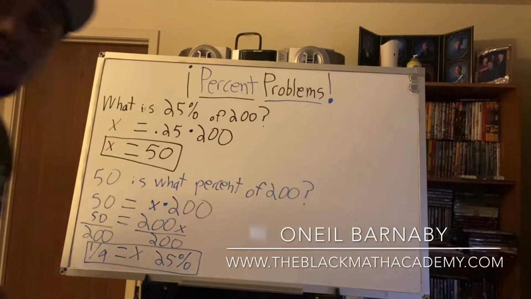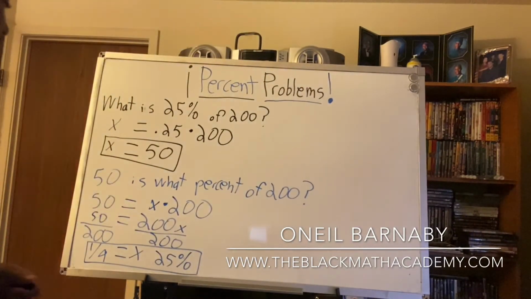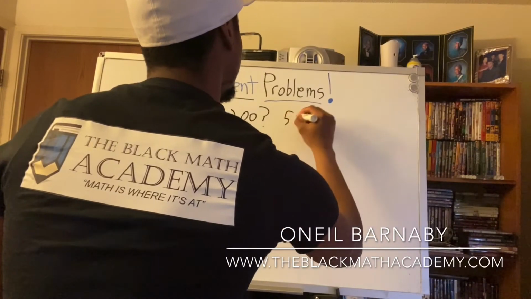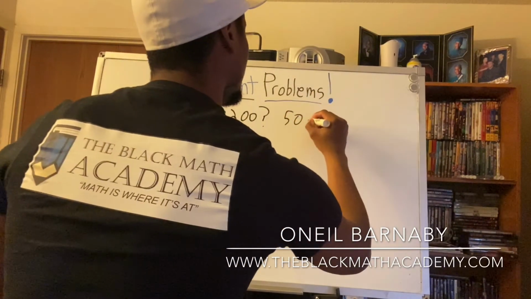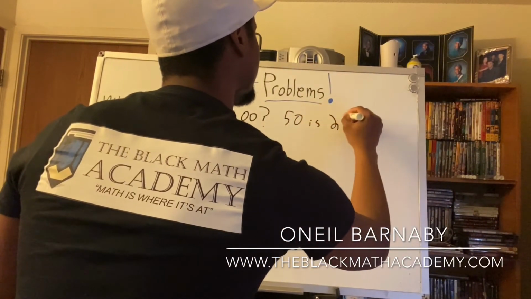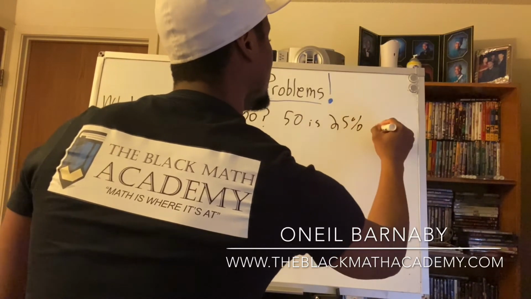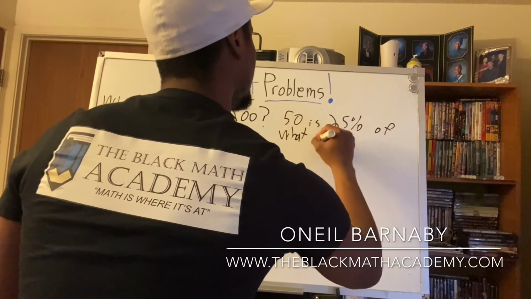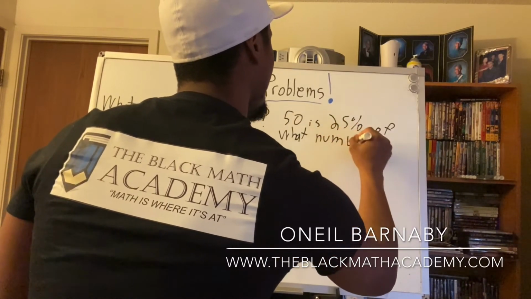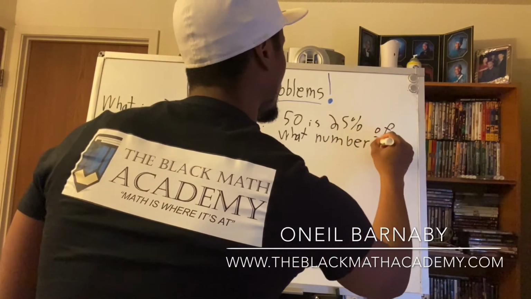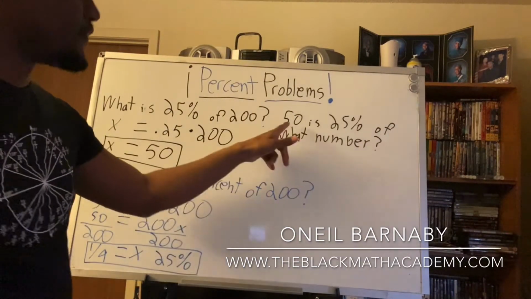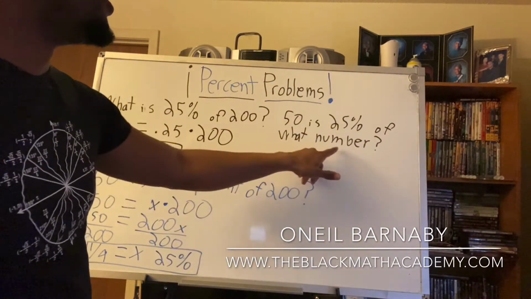Allow me to give you one more to really show. So let's say 50 is 25% of what number? All right, so now in this third question, 50 is 25% of what number?